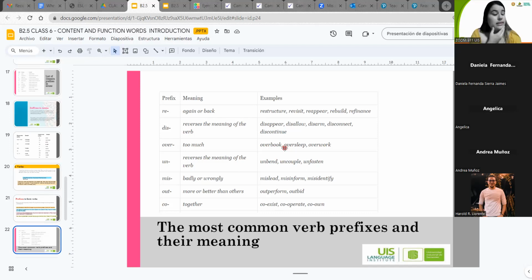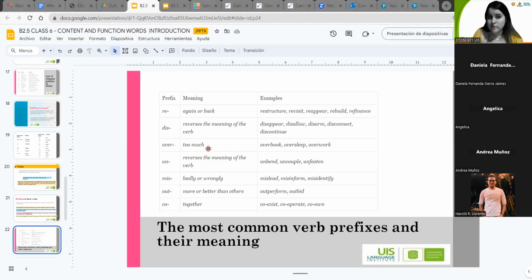No. This is to form new verbs, right? But meaning the opposite in this case, or too much. So overbook, for example, you say I overslept, right? Because it is a verb. It's not an adjective. We don't say the oversleep girl. No. We say I overslept, I overworked. These are verbs.